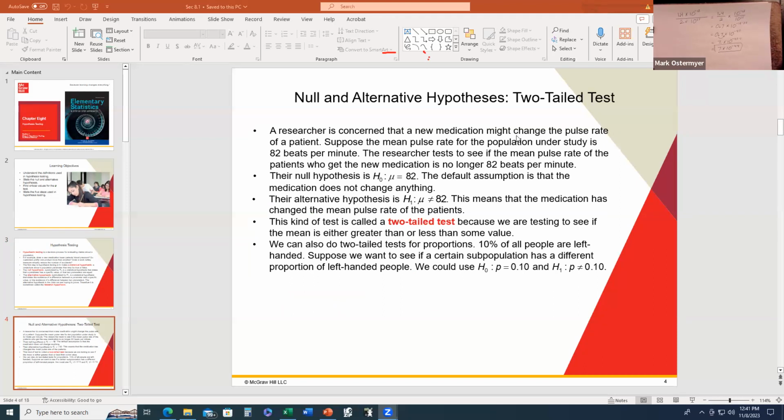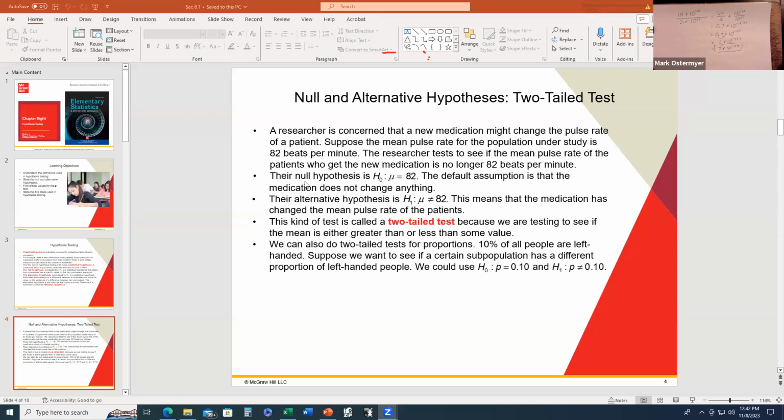When we conduct hypothesis testing, we can conduct either a two-tailed test or a one-tailed test. A researcher is concerned that a new medication might change the pulse rate of a patient. Suppose the mean pulse rate for the population under study is 82 beats per minute. The researcher tests to see if the mean pulse rate of the patients who get the new medication is no longer 82 beats per minute.